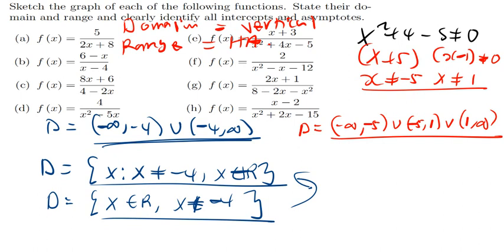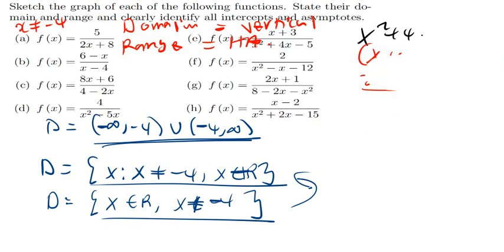So for question 1, we found that the domain was x is not equal to -4. When we come back and start talking about the asymptote, you should not be confused, because for the vertical asymptote, instead of saying not equal to, we will say x is equal to -4.